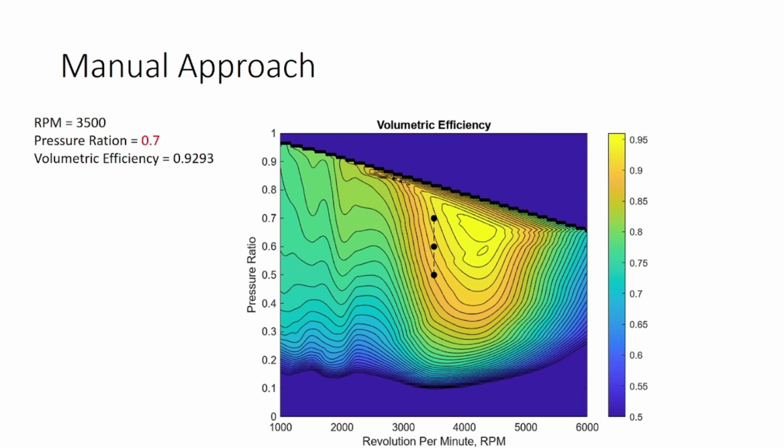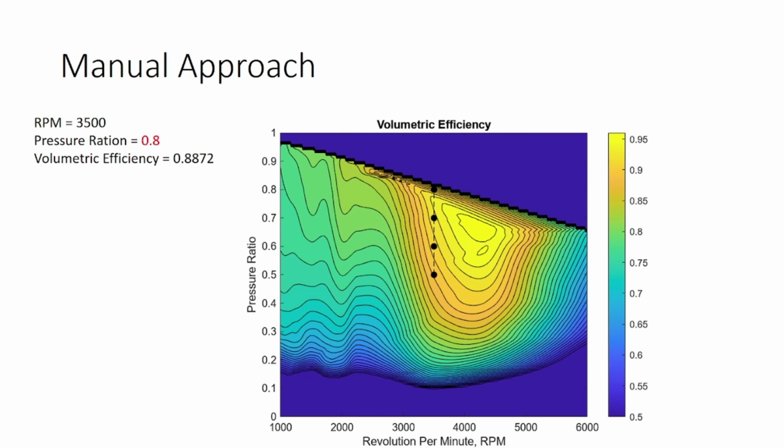If we change our pressure ratio from 0.6 to 0.7, our volumetric efficiency will be 0.9293, which is better than the previous point. And again, we'll repeat the same process and move in the same direction. If we change our pressure ratio from 0.7 to 0.8, we see that our volumetric efficiency comes as 0.8872, which is worse than the previous one.